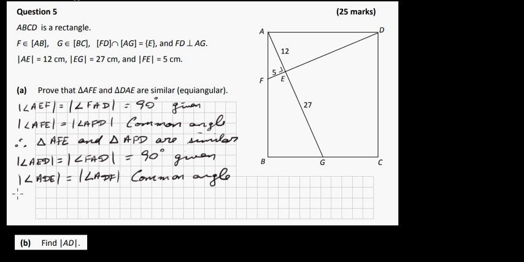So therefore the triangle AED and ADF are similar. So if this triangle and the big triangle AFD are similar, and this triangle and the big triangle AFD are also similar, then these two here must be similar.